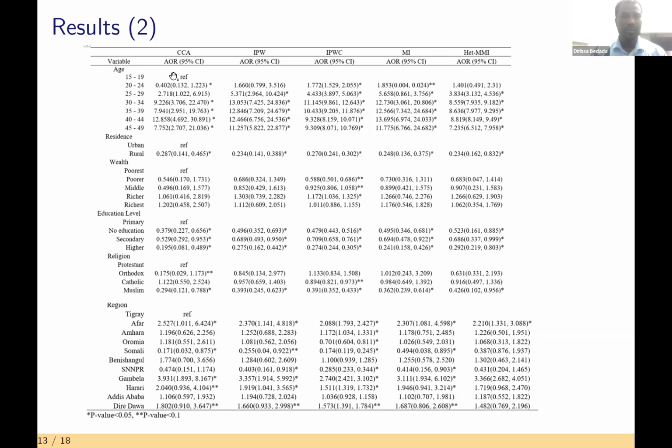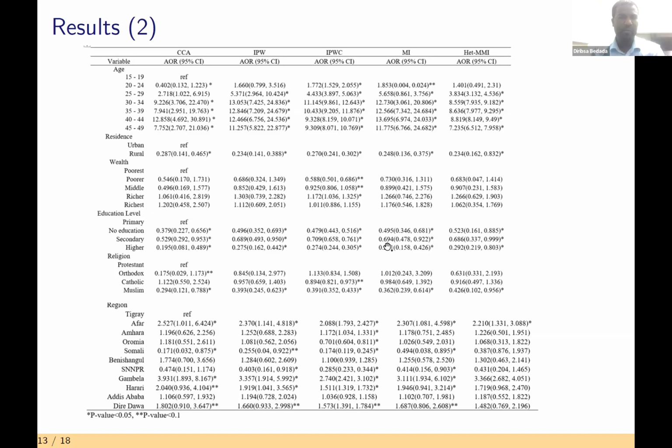So we fitted using different methods, checking the missingness assumption for each approach. And in most of the cases, in terms of the significant variables, the effect size and so forth, the results seem more or less the same.